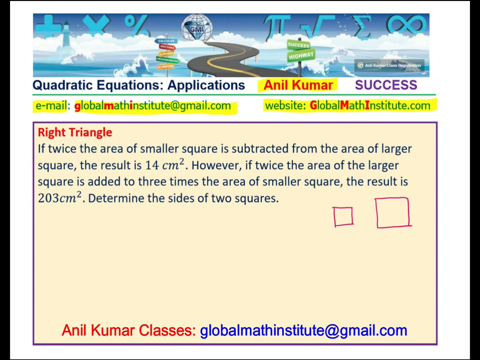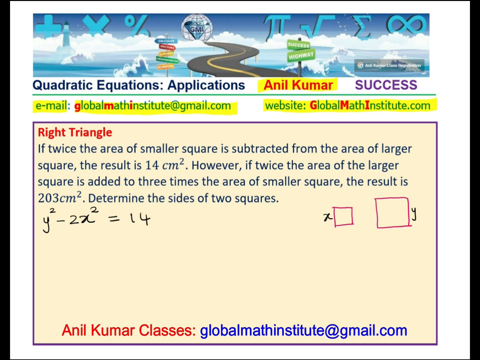Let's identify what the area is. Area is side squared, so let x and y be the length of each side for these squares. It says if twice the area of the smaller square is subtracted from the area of the larger square, which means y square minus 2x square, correct? Then what you get is 14 centimeters square.